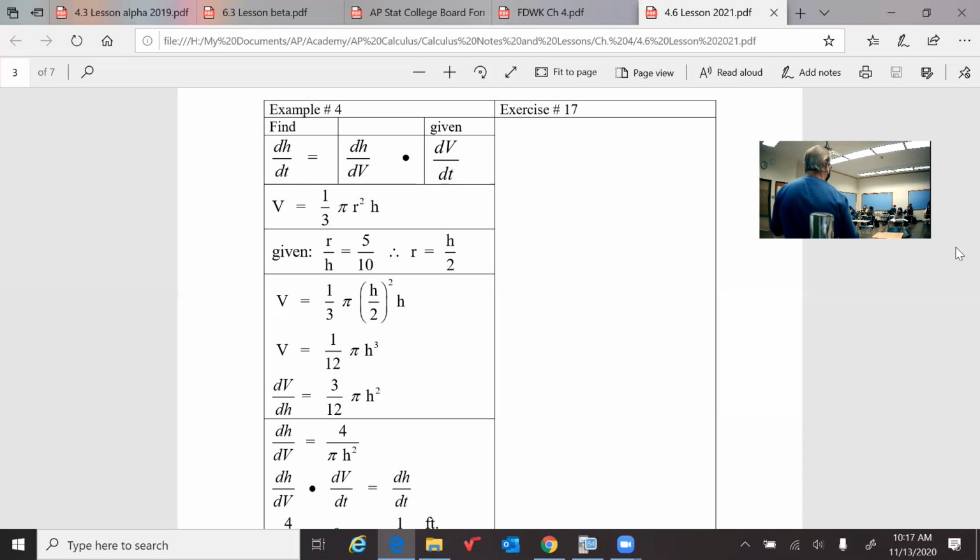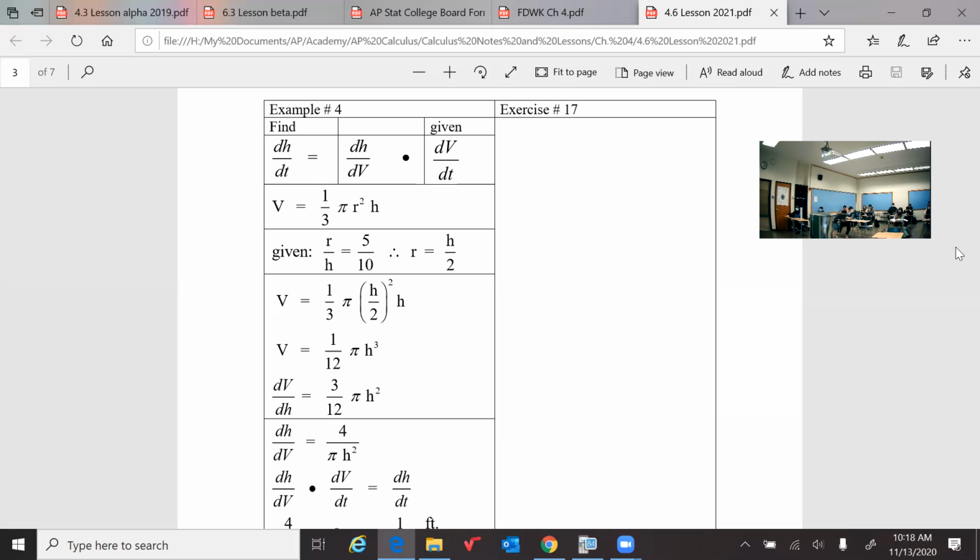Except this example is more challenging because you've got two variables. If you have two variables, you either have to rewrite one of them in terms of the other, which is how it's done here, or do this by implicit differentiation. To do this implicitly, you would say the change in volume with respect to time equals 1/3 pi, which is the constant.